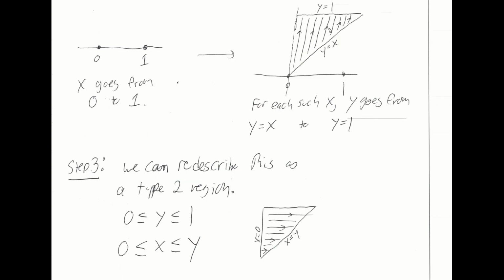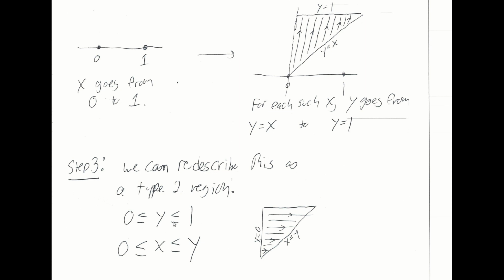So this is the region, and this is it expressed as a type 1 region. We're going to redescribe this as a type 2 region now. So what should be the constant bounds for y? Type 2 regions have constant bounds for y, and I can see that those should be from 0, the smallest value for y associated with any point in the region, up to y equal to 1, the largest value for y associated with any point in this region.